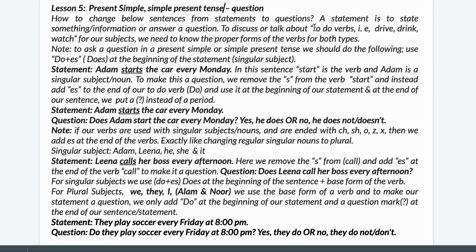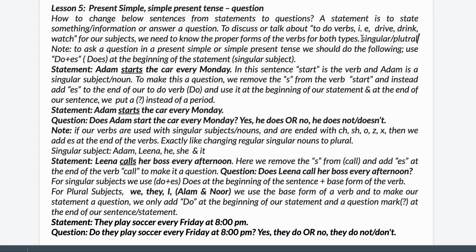What's the meaning of to-do? To-do mean when we do some things. And verbs is actions and stuff we do. For example, drive, drink, watch, etc. For our subjects, we need to know the proper forms of the verbs for both types. Both types mean singular and plural.